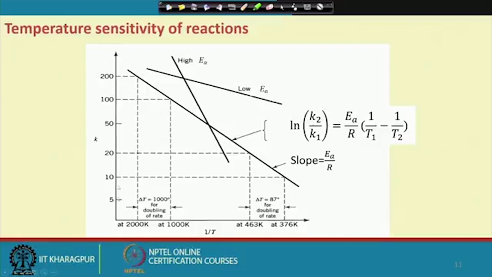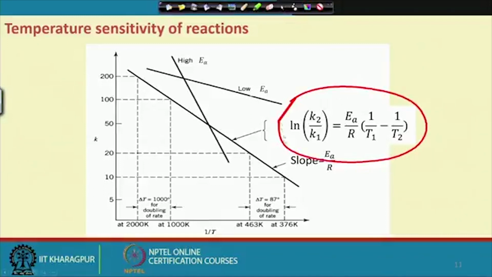This is not a normal plot; this is the normal centimeter plot that we can have. So, this is the equation that we have, ln k2 by k1 equals Ea by R times 1 by T1 minus 1 by T2. We can do it very easily, because we know k equals A e to the power minus Ea by RT. I can show you in another way.